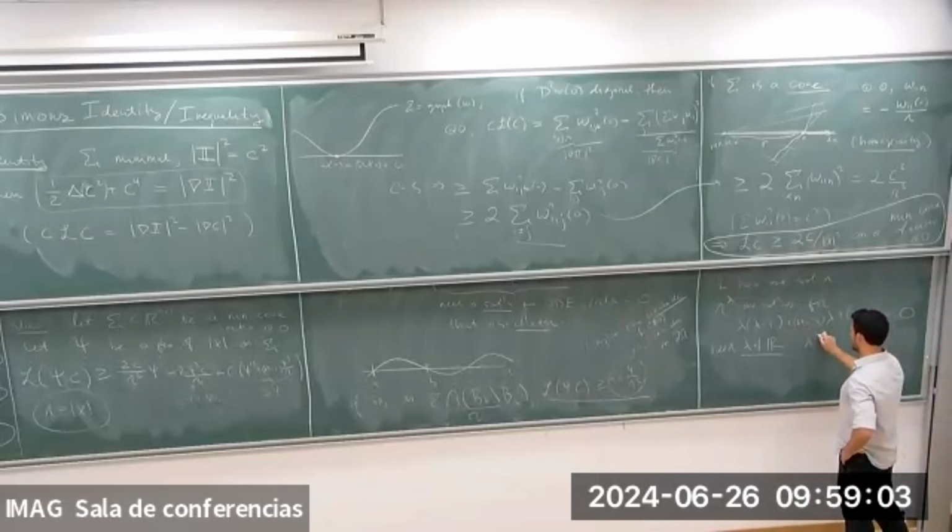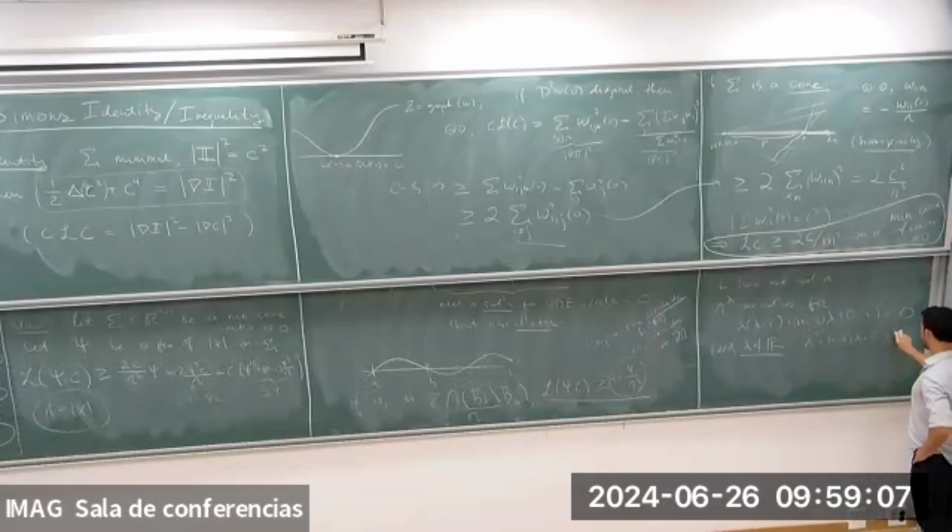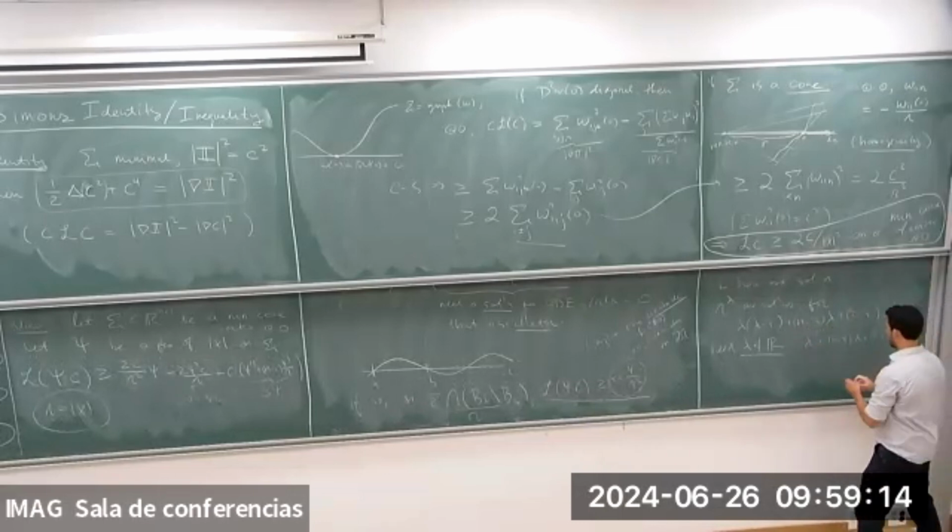So I'll just rewrite it. This is n squared plus 0. We just need this squared to be smaller than 4 times 2 minus epsilon.